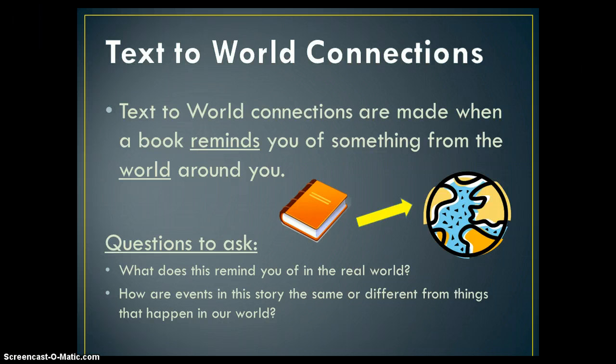It could also be past and present, how the world's different now than it was in the past, and the future, and that sort of thing. So questions to ask here: what does this remind you of in the real world? And how are events in the story the same or different from things that happen in our world?